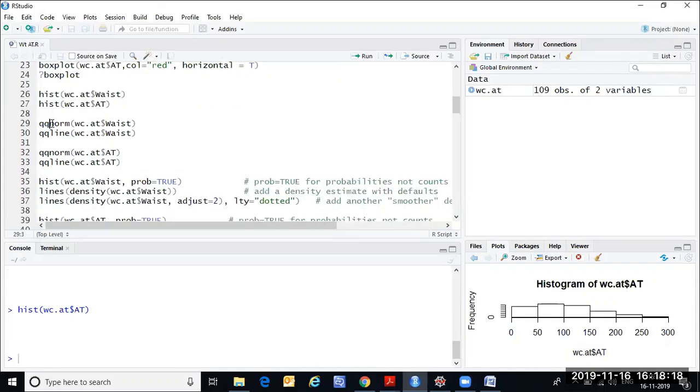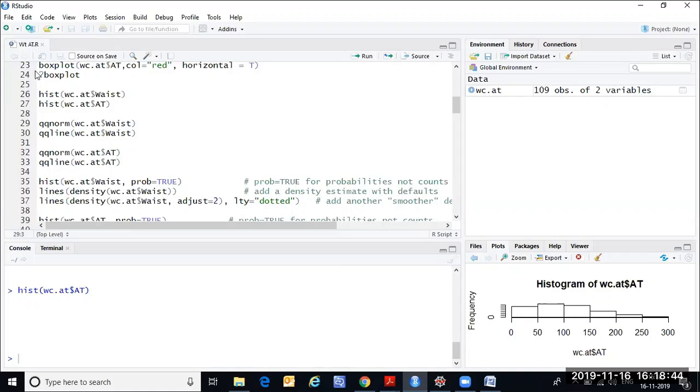Why do we use this QQ norm for? For plotting the data on the graph. What do we check by using QQ norm? Outliers or quartiles?